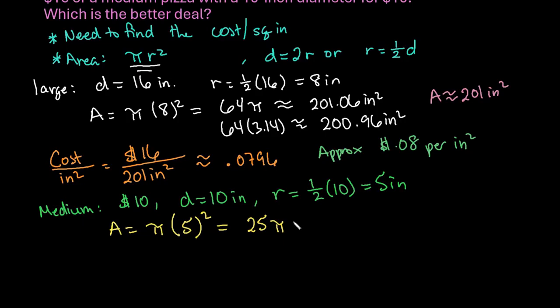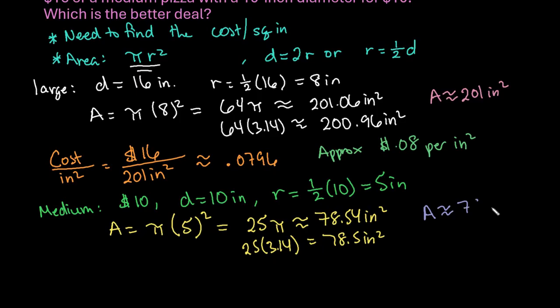With the pi button, I end up with 78.54 square inches. And if I do 25 times 3.14, I end up with 78.5 square inches. Since it's directly in the middle, I'm going to say that the area is approximately 78.5 square inches.